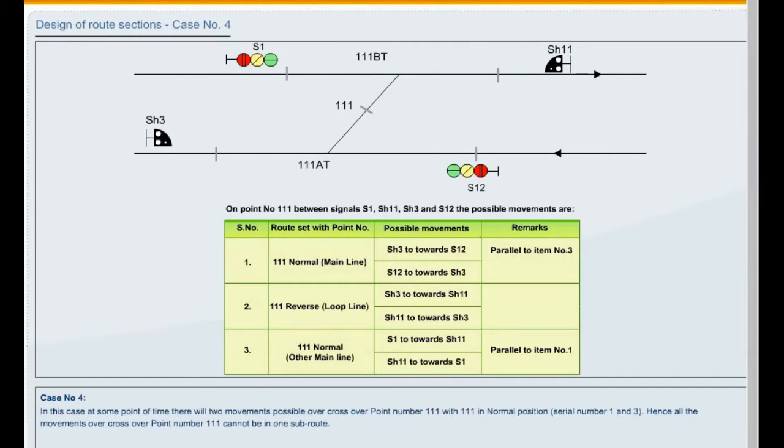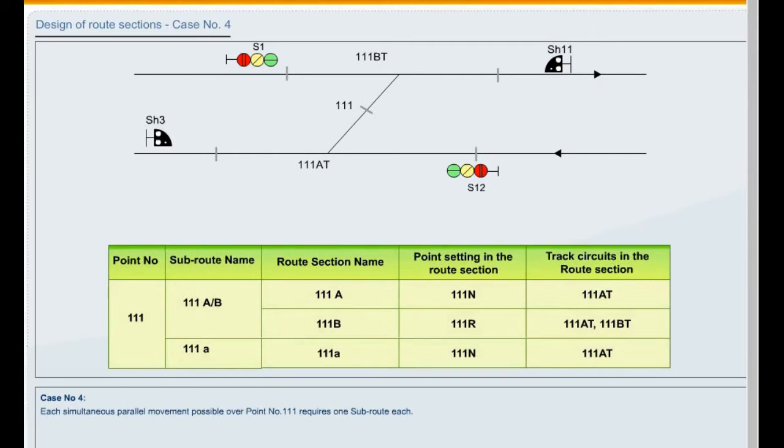In this case, at some point of time there will be two movements possible over crossover point number 111 with 111 in normal position, serial number 1 and 3. Hence, the movements over crossover point number 111 cannot be in one subroute. Each simultaneous parallel movement possible over point number 111 requires one subroute each.